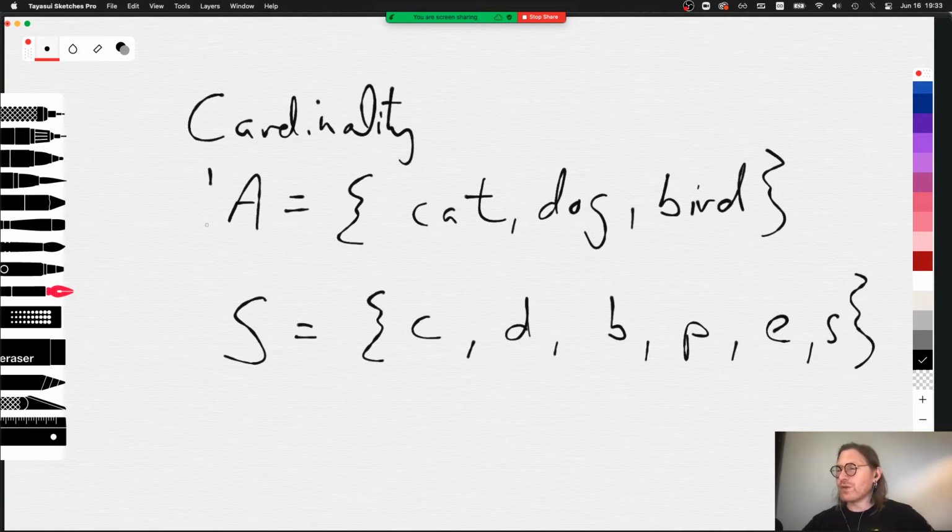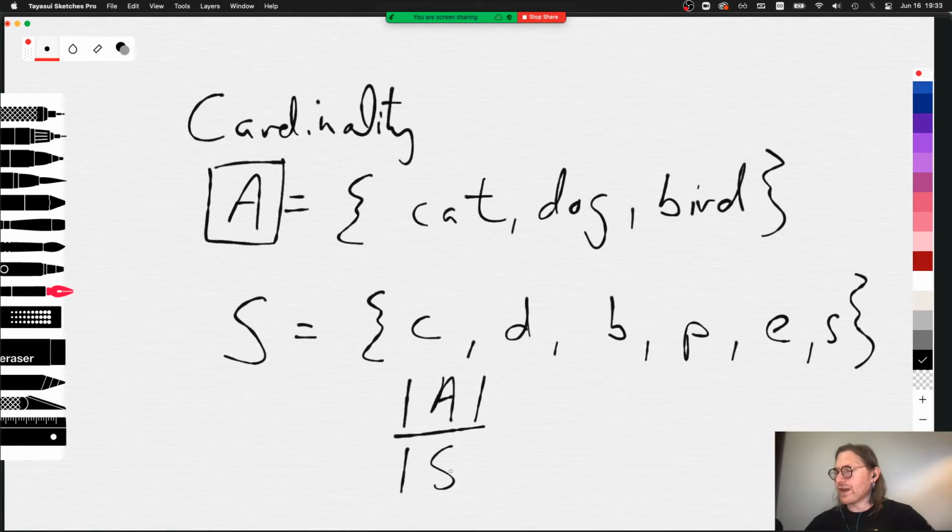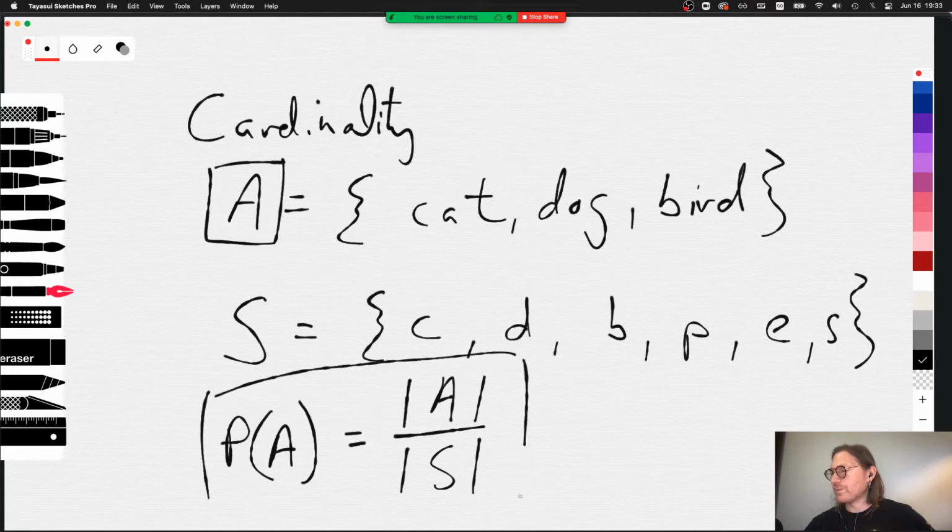What is the probability of choosing something from A? That's pretty easy. That's just going to be the cardinality of A over the cardinality of S. And a lot of things are going to come down to this very simple expression. It's the number of items in our subset divided by the number of items in the containing set.